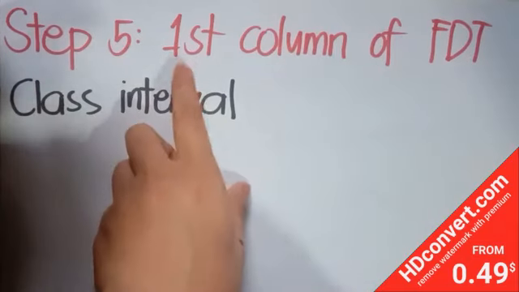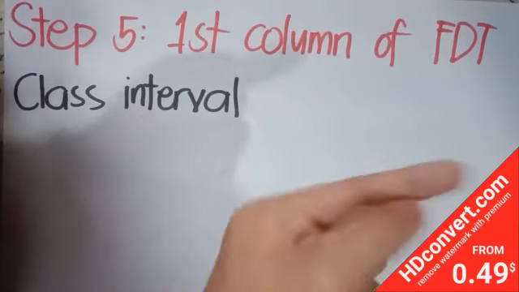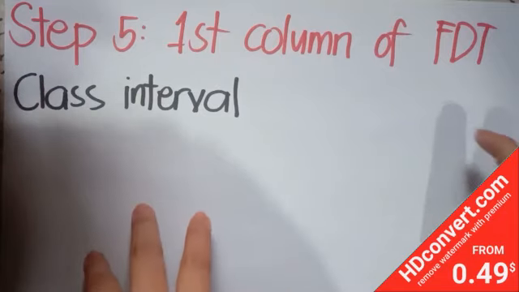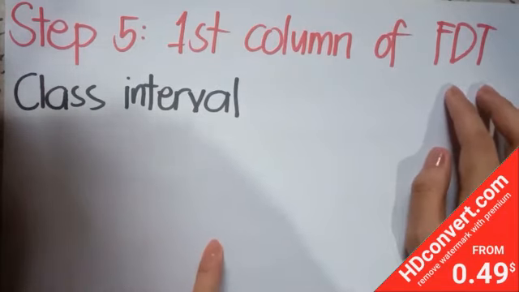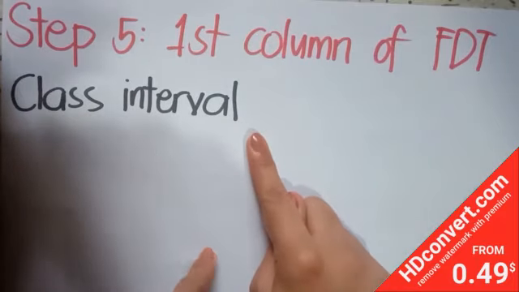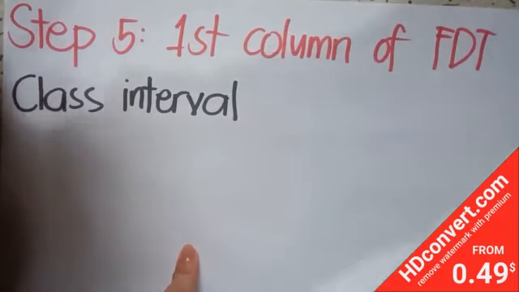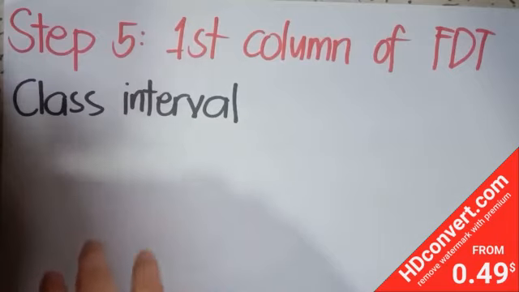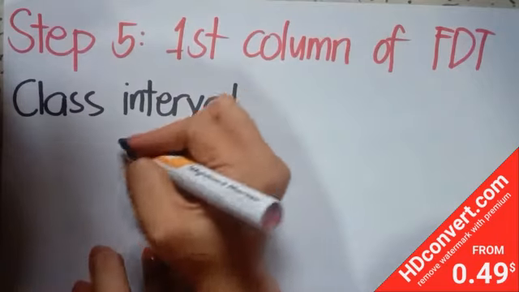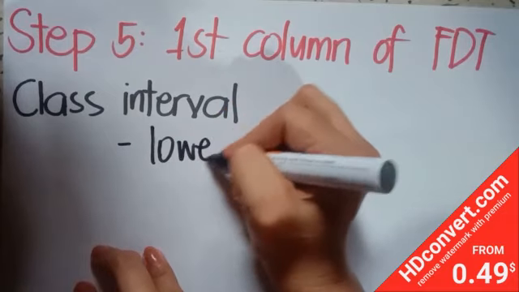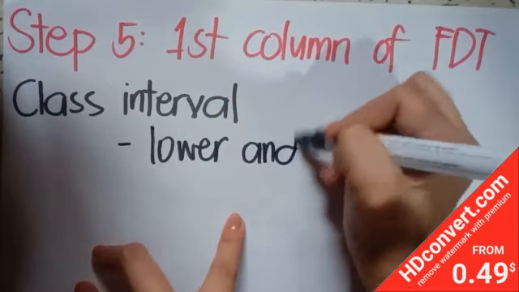Fifth step is ito yung ilalagay natin sa first column ng table natin. So, in first column, ang ilalagay mo dyan ay class interval. So, remember na magkaiba po ang class interval size sa class interval. So, when we say class interval, ito ay end numbers ng lower and upper limits.